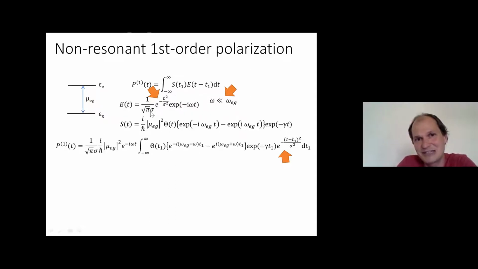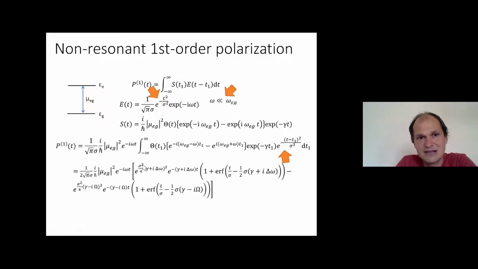So we need to change the prescription of the pulse. We would use a Gaussian pulse, which is here, and it appears in the equation here. And now this thing can be integrated as well. It's integrable in terms of the complex error function.